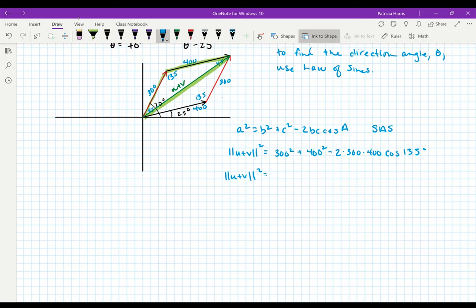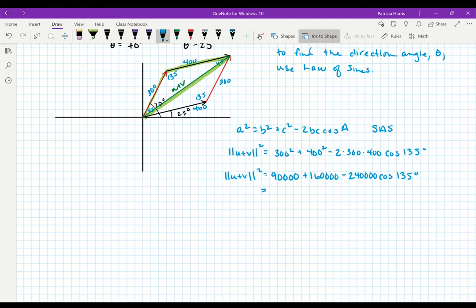Okay, and depending on the calculator, you can do a lot of this in the calculator, or you're going to do a lot of it by hand. Make sure you're in degrees.